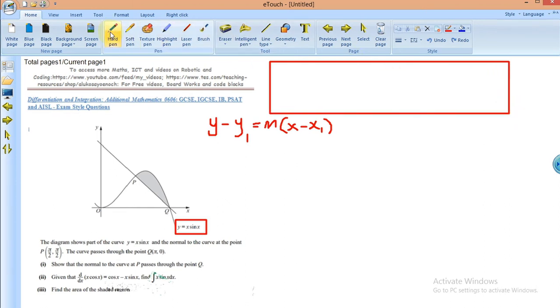Let's go ahead and do that now. So y equals x sine x, then dy/dx. Guys, don't forget this is the product rule, x times sine x. I will not waste my time, so trust me, we go with a shortcut method.